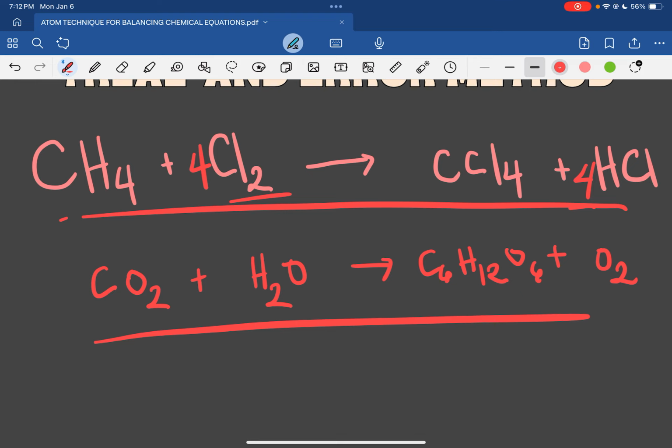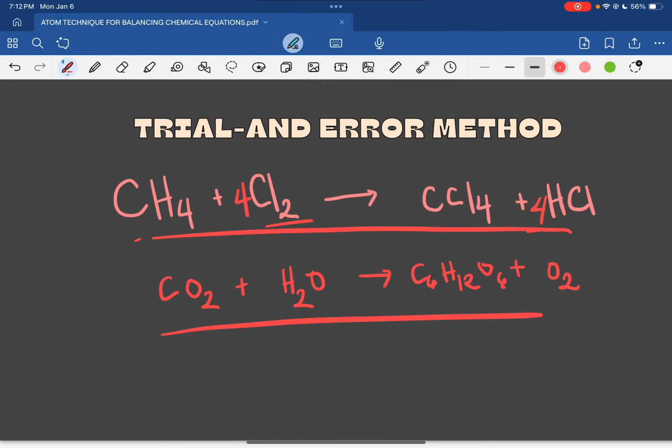However, since you participated in this research, we are going to offer you an alternative method that is more time-saving, and you're just going to follow some sort of formula in order to determine the coefficients necessary to balance the atoms in the reactant and product side.